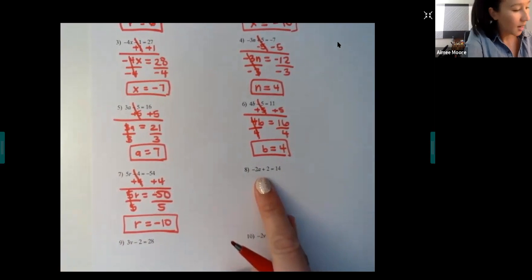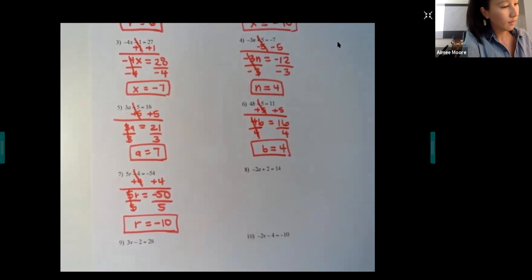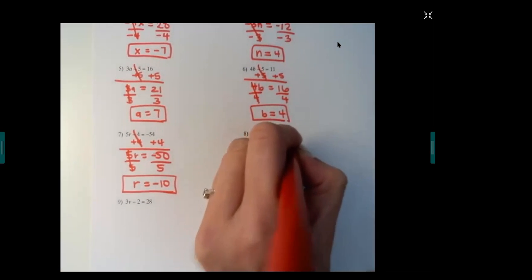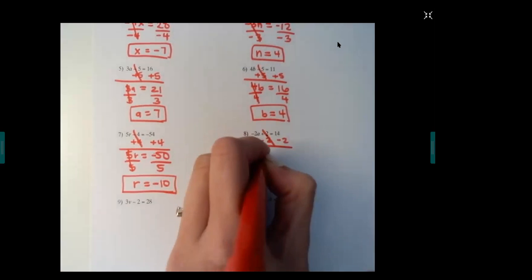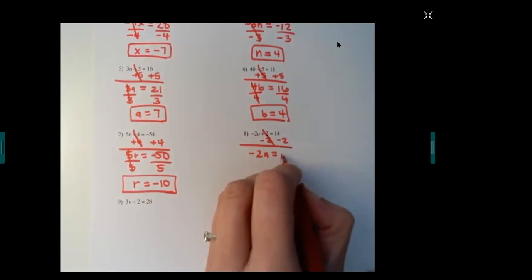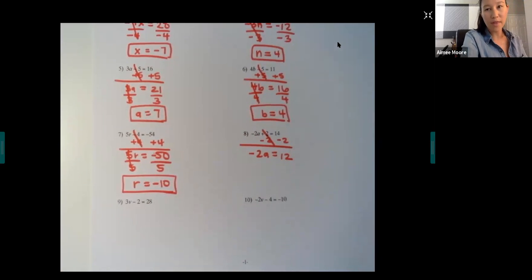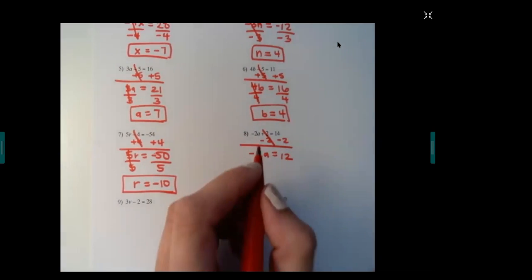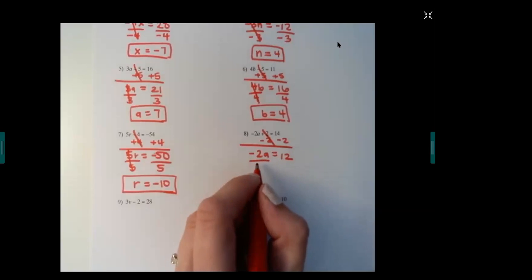So, Amari, number 8. Subtract by 2. Perfect. Okay, that leaves us with negative 2a equals 12. Then what? We divide by 2.